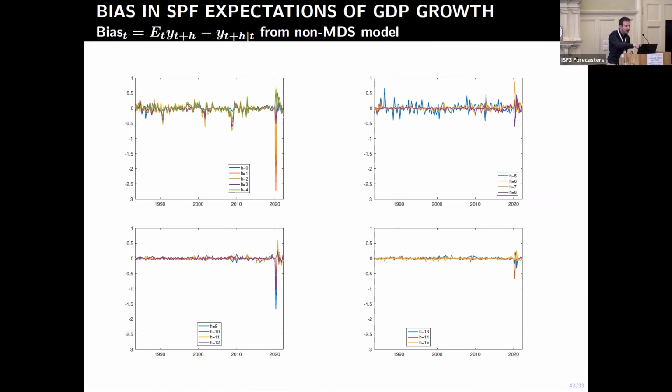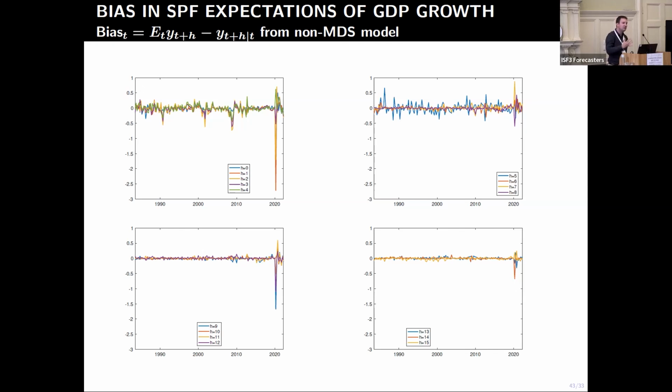So here you can see the bias at different horizons from the non-MDS model, the case when we treat the SPF forecast as potentially biased. You see very, very small biases. Of course, the COVID period is the big outlier.